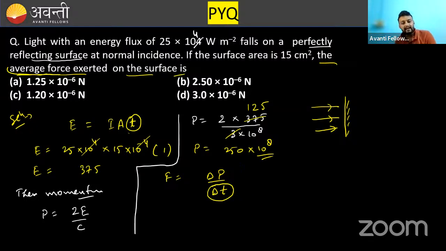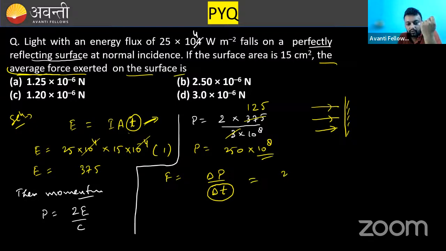So this 3 and this time T both will cancel. So there is no impact of time in this situation. Are you getting my point? This time 3 seconds and this time 3 seconds will be cancelled. So that's why I am using T as 1 second. It is of no significance actually.